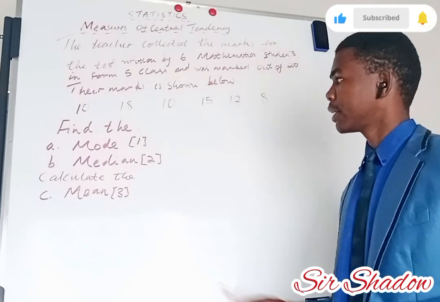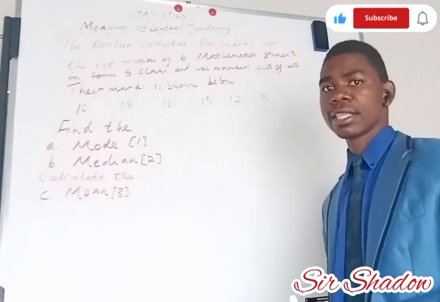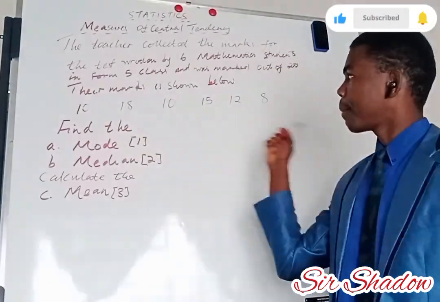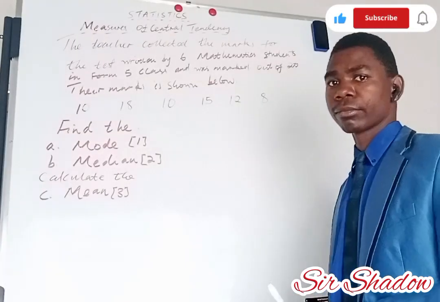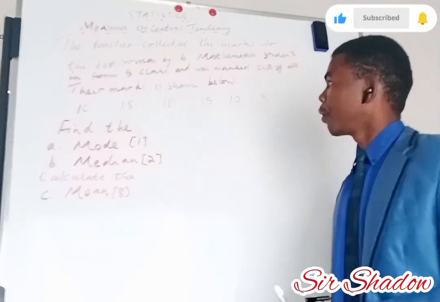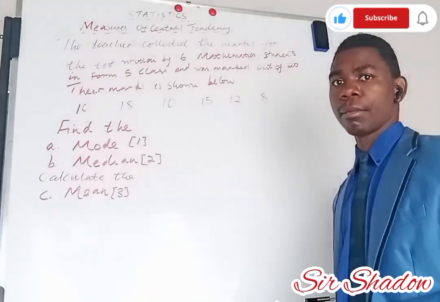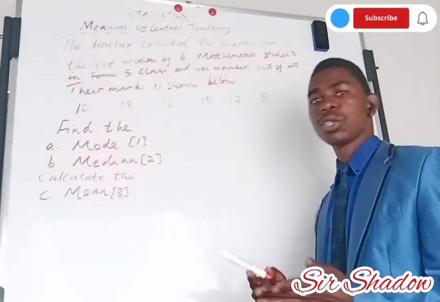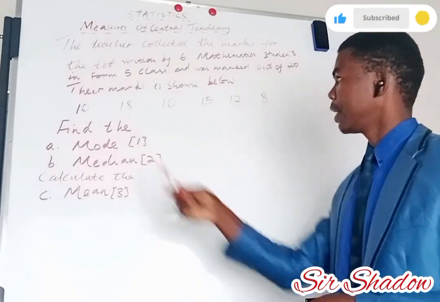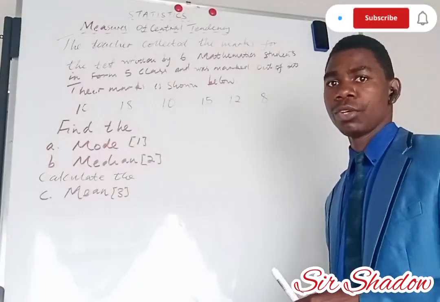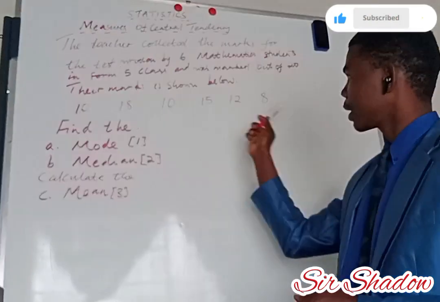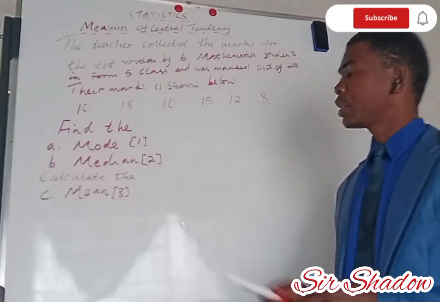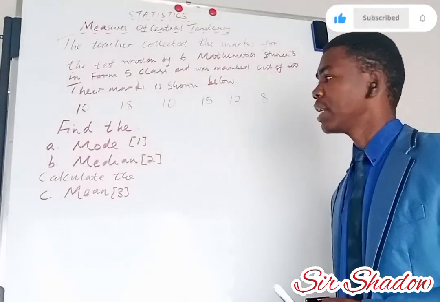You should know that the mode is just the value with the highest appearance, or the value which appears most often in the given data. So there is no need to arrange the values in order. You have to look for the value which was repeated many times.